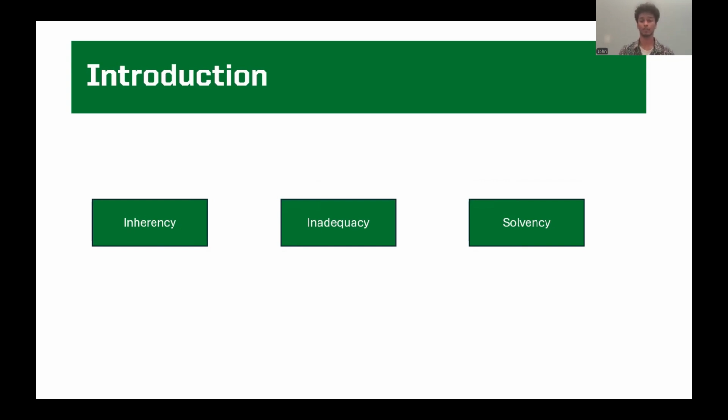And then finally, solvency. This is how the plan the affirmative is offering will solve this problem. And ideally, you have these lead into each other and kind of weave a narrative that will give your audience a bird's eye view of where you're starting, but also where you plan to go over the course of this debate.